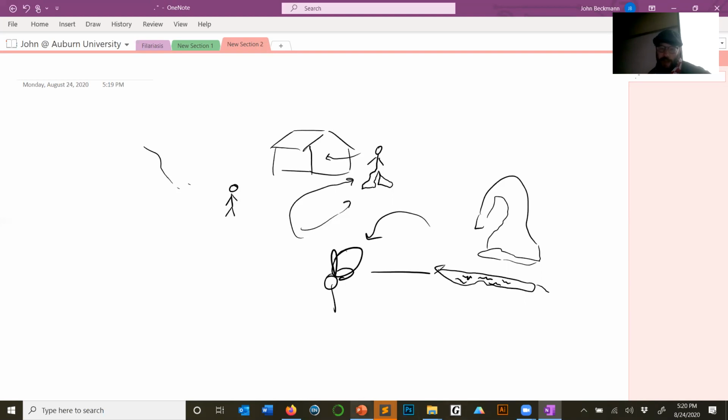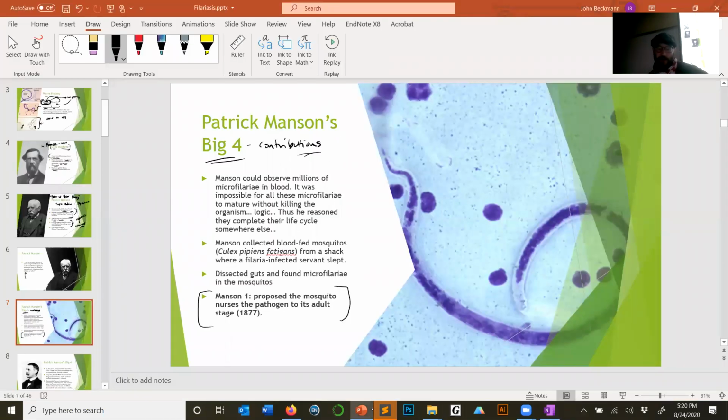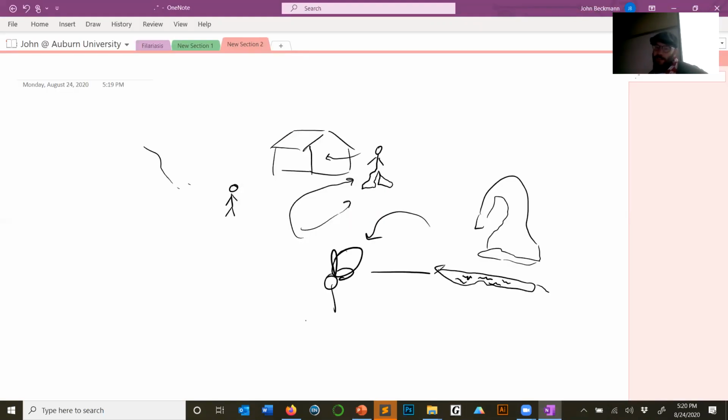So that's what came to his hypothesis, and you have to be careful how you word this. His hypothesis was that filarial nematodes become adults in mosquitoes. That was his hypothesis.